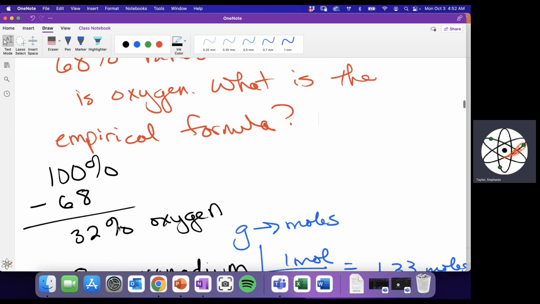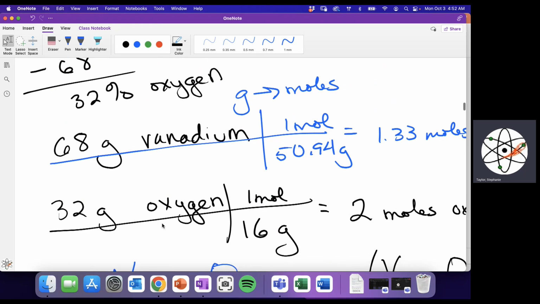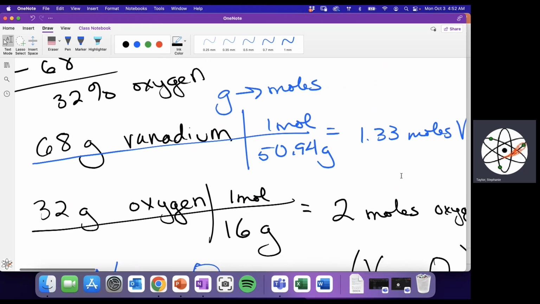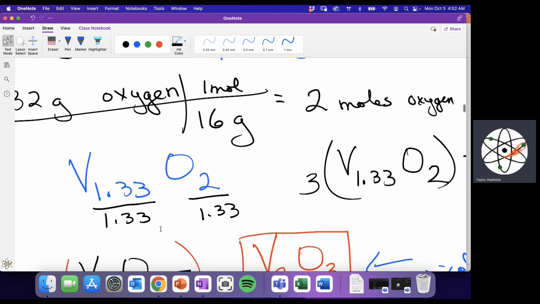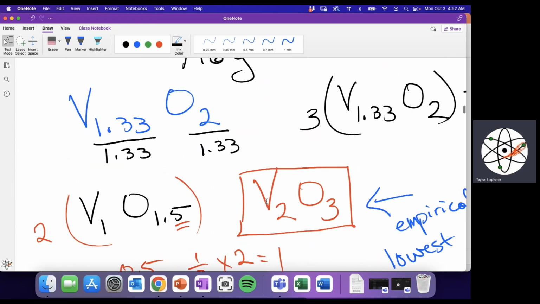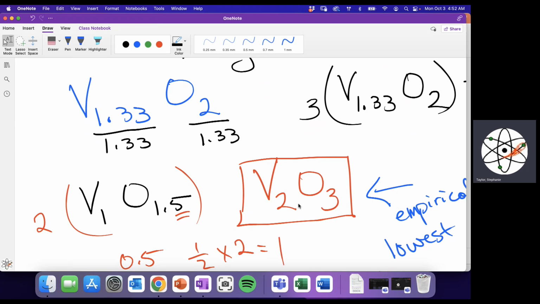You solve for the amount of oxygen. You take both of these to go from grams to moles. You have mole amounts. You divide by the smallest number there, and then you work to get things into whole number ratios. So that one is something you can do if you begin with percent composition.